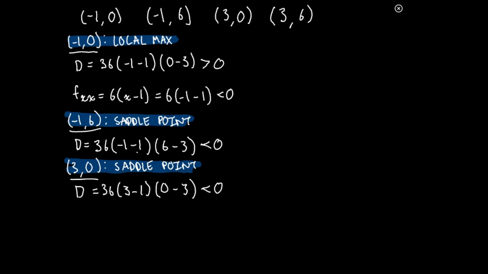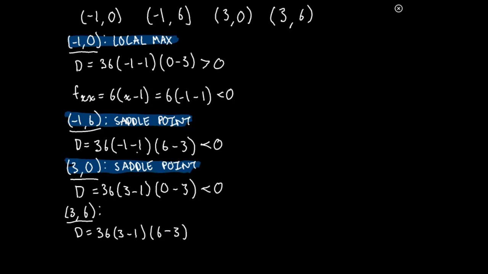All right, now let's look at the last point, which is (3, 6). Now you might guess, just because we haven't found our local minimum yet, that this is probably going to be the local minimum, but let's go ahead and run through it anyway. So our d value is equal to 36 times 3 minus 1 times 6 minus 3.